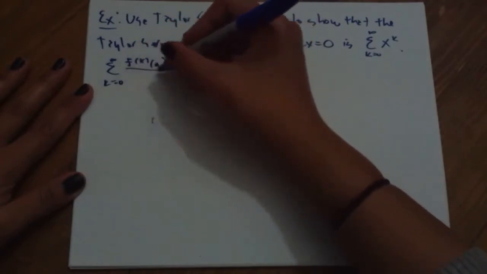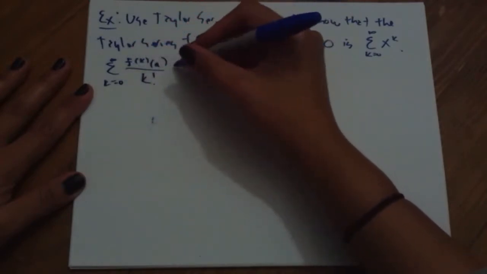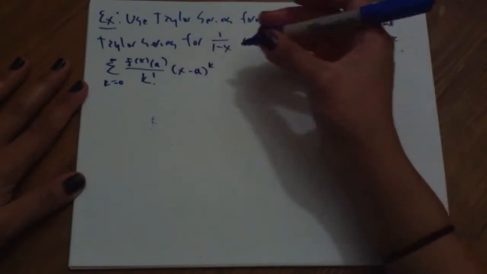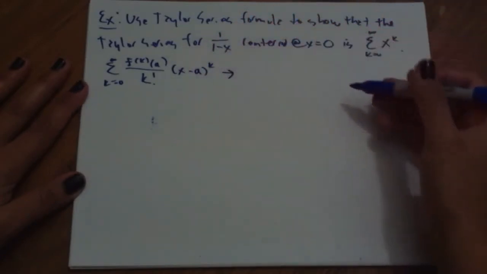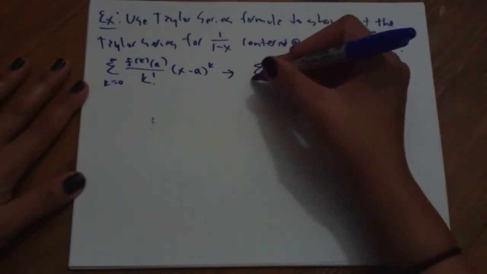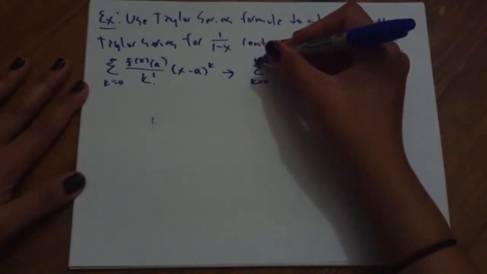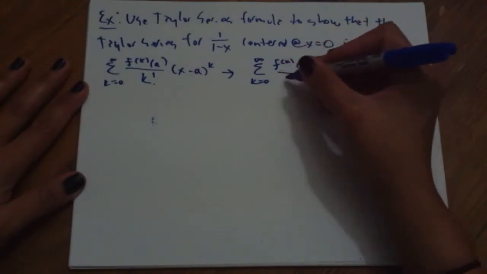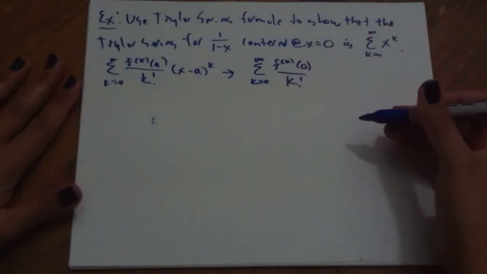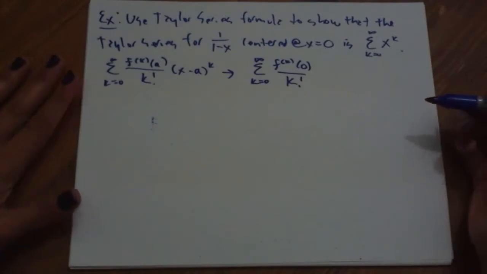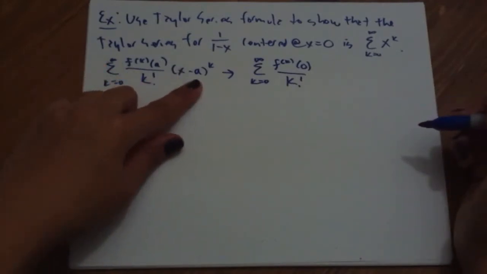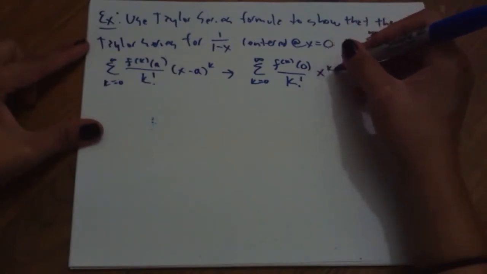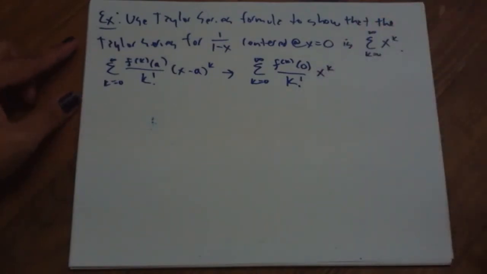Alright, so again, we are starting with my sum from 0 to infinity of my kth derivative at a over k factorial times x minus a to the k. Here, since I'm centered at 0, a is really 0, so I'm looking at my kth derivative at 0 over k factorial, and x minus 0 to the k, subtracting 0 just gives you x to the k.